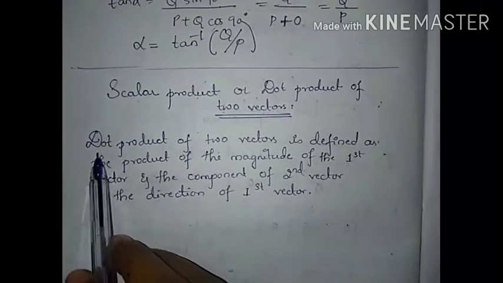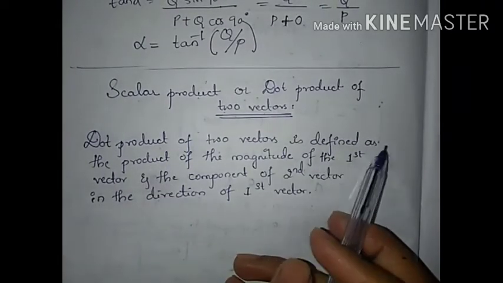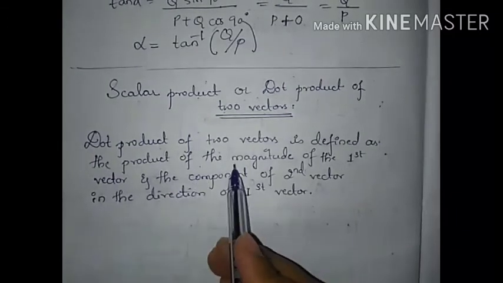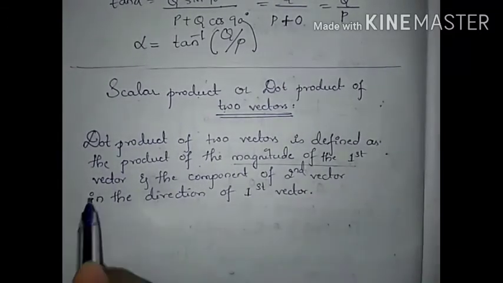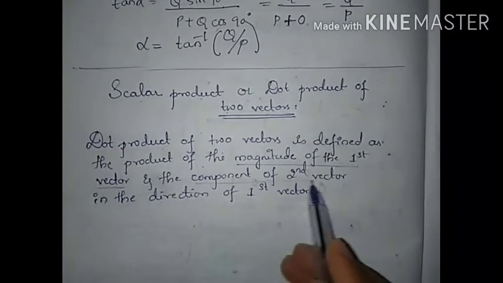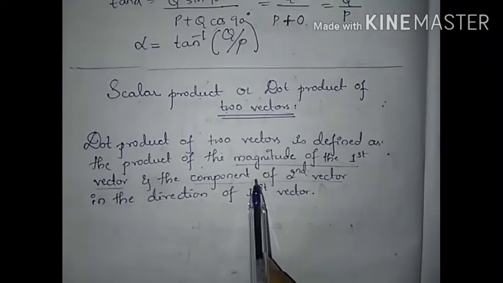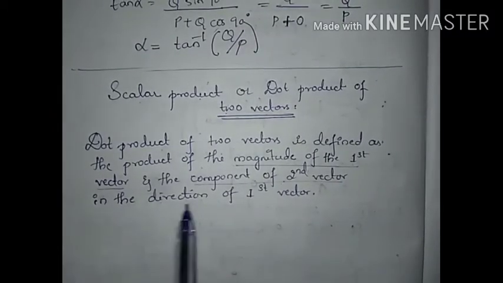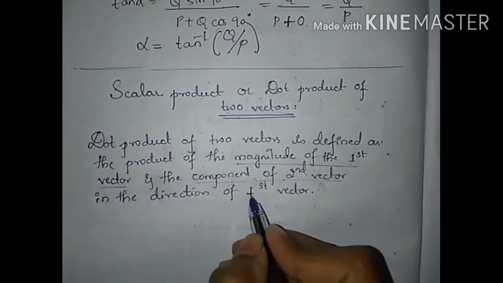So the dot product of two vectors is defined as the product of the magnitude of the first vector and the component of the second vector, and this component of the second vector should be in the direction of the first vector.